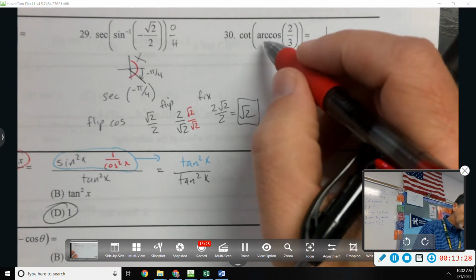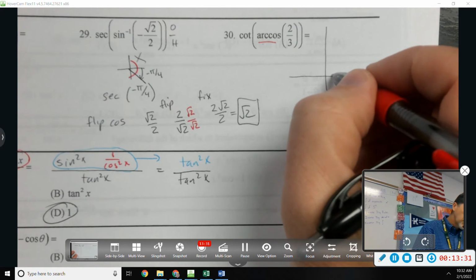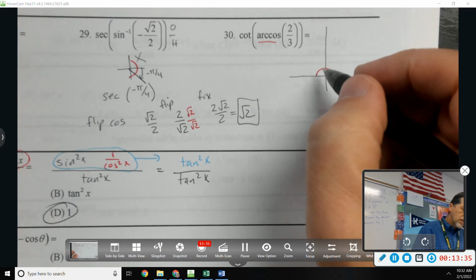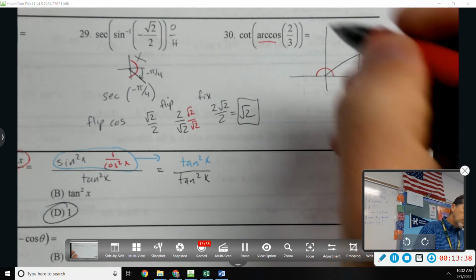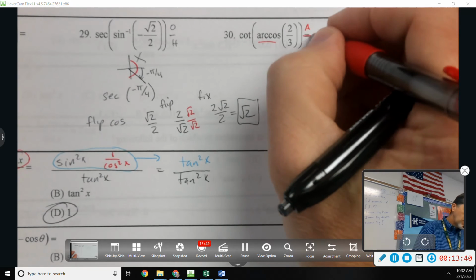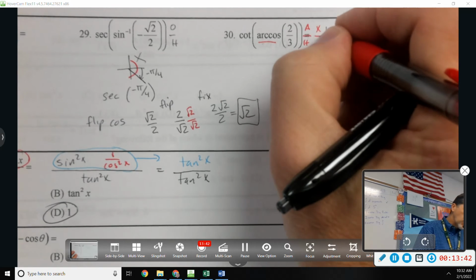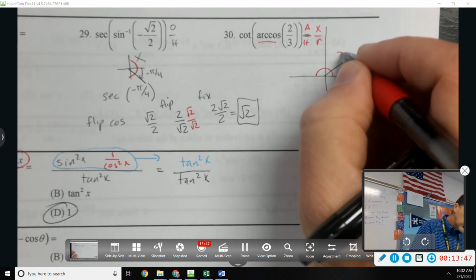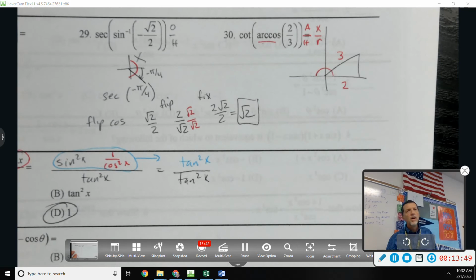Alright, cosine, or arc cosine, has to come from quadrant 1 or 2. This one's positive, so I know it's in the first quadrant. Cosine is adjacent over hypotenuse, or x over r. So 2 and 3. Is this a special right triangle where I know the missing side? 2, 3, 5? Wait, is it not? No. Even if that's not a right triangle.